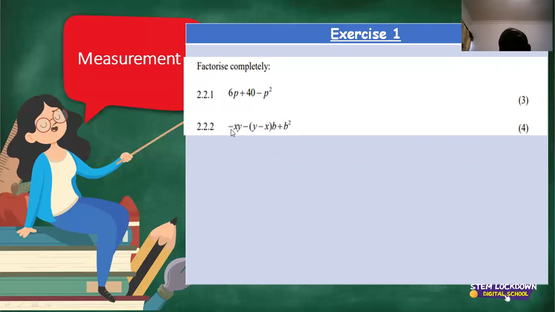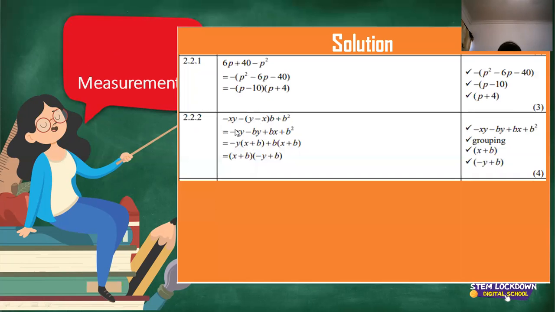Then you can put -xy minus by in one bracket, and the plus bx and b squared will be grouped in another bracket, and then you can factorize. So we have our question as -xy minus (y minus x) times b plus b squared.